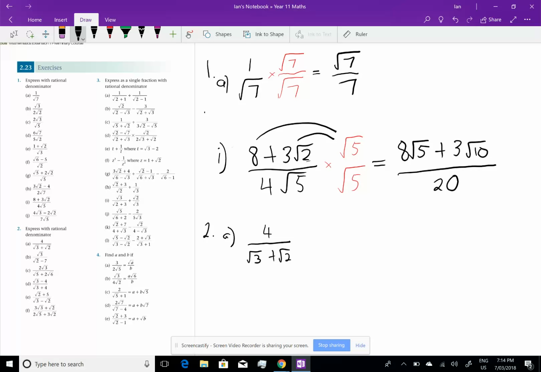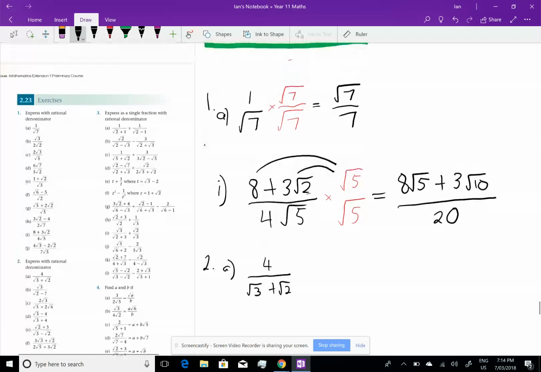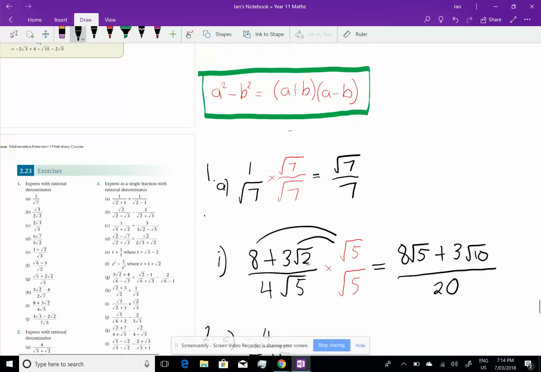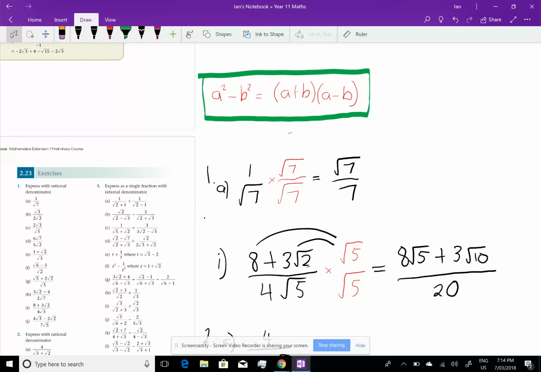A bit difficult, this. Well, this is where we're going to use this special law. And you should know this. It's called the difference of two squares. And if I have something plus something times something minus something, well, that'll equal the difference of two squares.